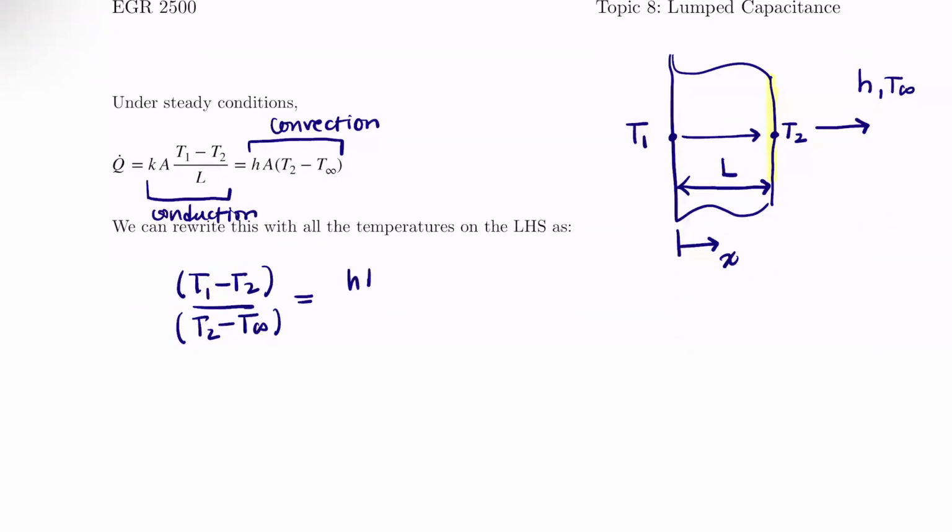So I have hA over kA times L, which of course simplifies to hL over k because we have A divided by A. And it turns out that this is a special number. This is what's known as the Biot number.